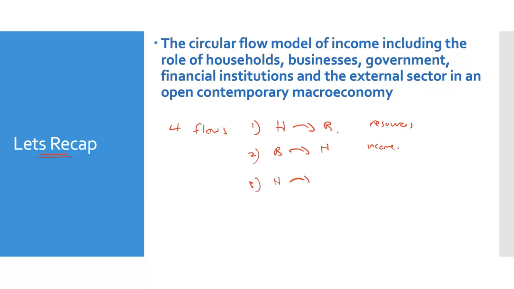Then households demand goods or services, and we call this aggregate demand, and there is a complicated process to work that out. And the fourth process is businesses provide goods, so we do production, and that is represented by your gross domestic product.